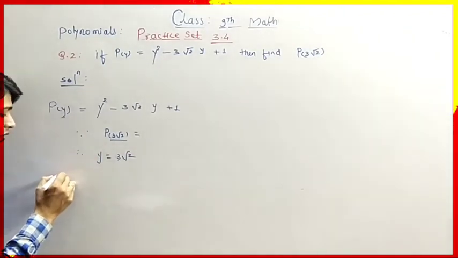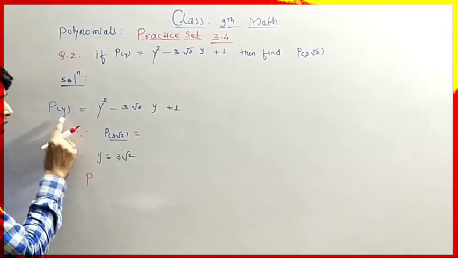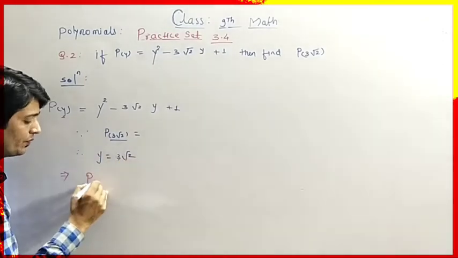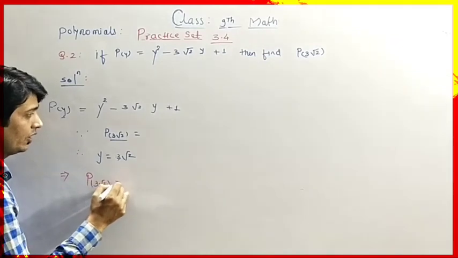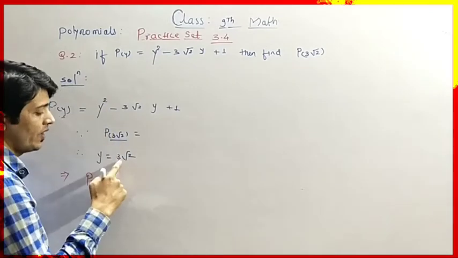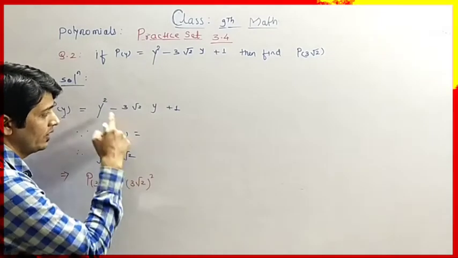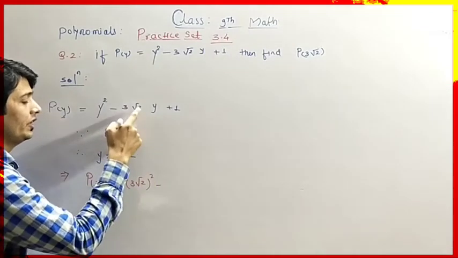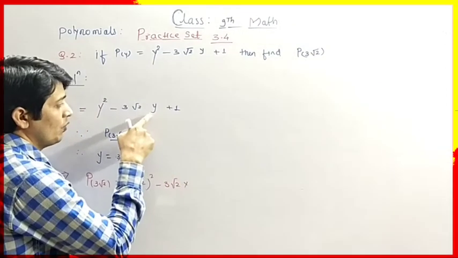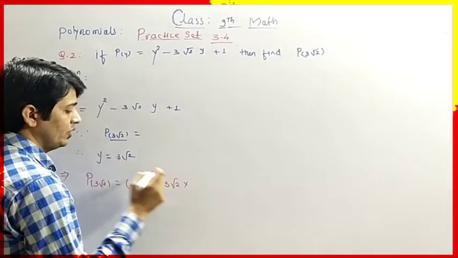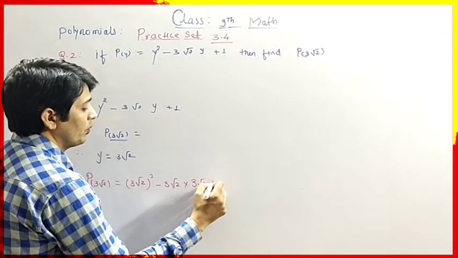Therefore now, instead of y we write 3 root 2. p(3 root 2) equals, we have y square, so y is 3 root 2 and whole square, minus 3 root 2, which is already given, into y. What is y? It is again 3 root 2, plus 1.